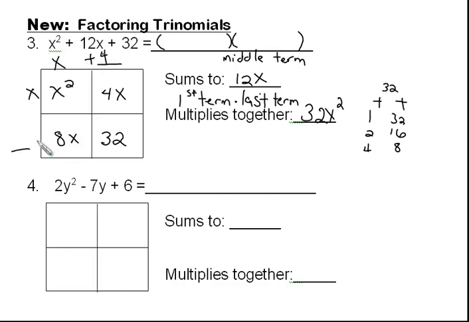And what do we put in this blank so that x times this number will give me an area of 8x, and so that would be 8. And then our last check, 8 times 4 should be the number in this box, which is 32, and it is. So we've found our factors. Our factors are x plus 4 times x plus 8.